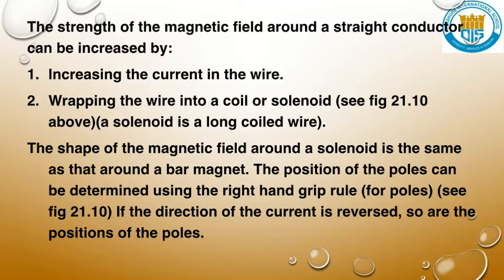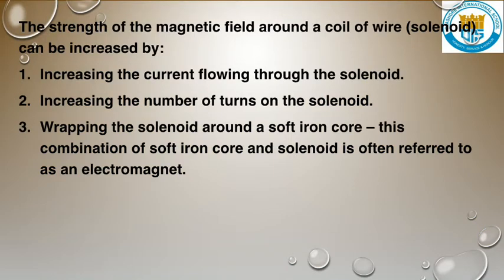So if your current was curved in a clockwise direction before, then your thumb pointed in the direction of the north pole of the magnet. If you now reverse your current to anti-clockwise, then you will have your north pole on the other side of that solenoid.